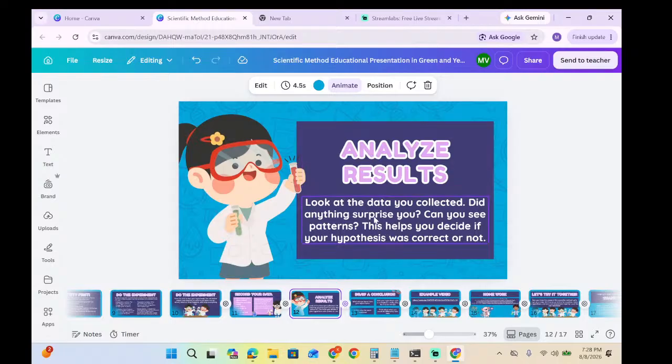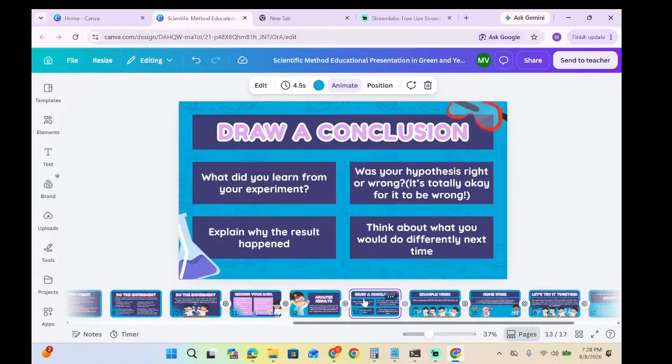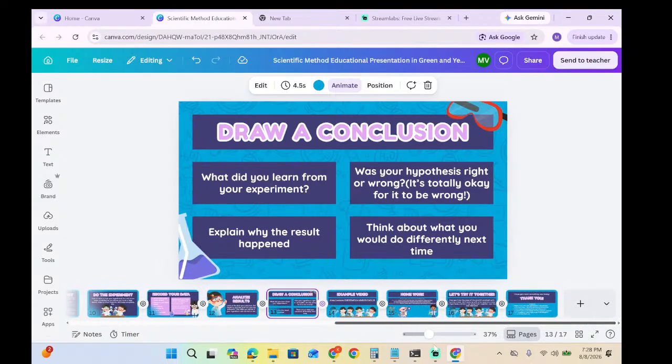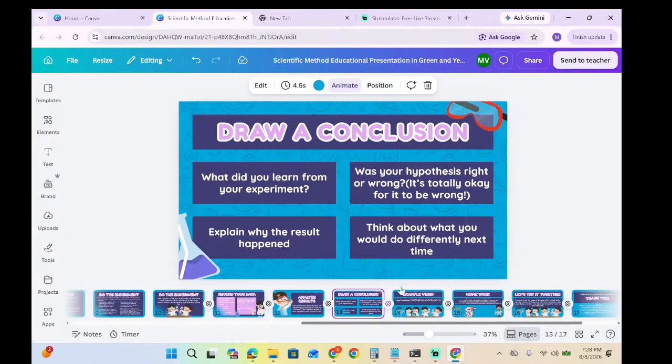And if you do it correctly, this is what's going to aid you in drawing your conclusion. So when you're drawing a conclusion, what you want to cover is what did you learn from your experiment, exactly why the results happened, was your hypothesis right or wrong?